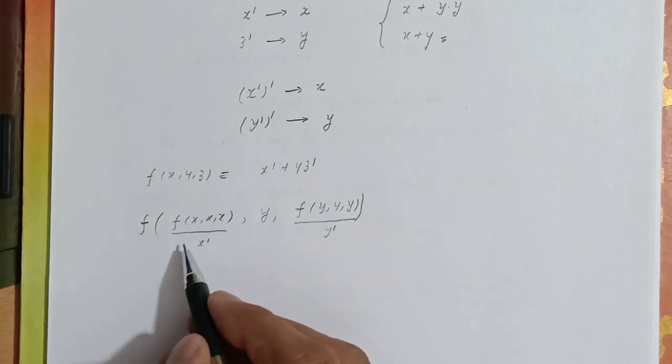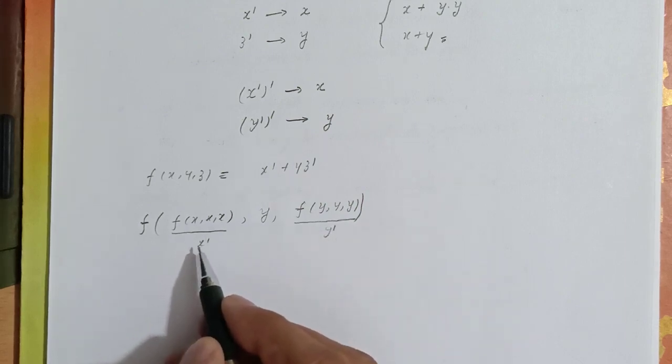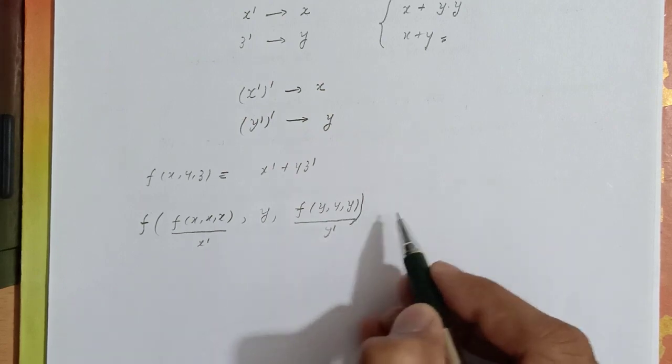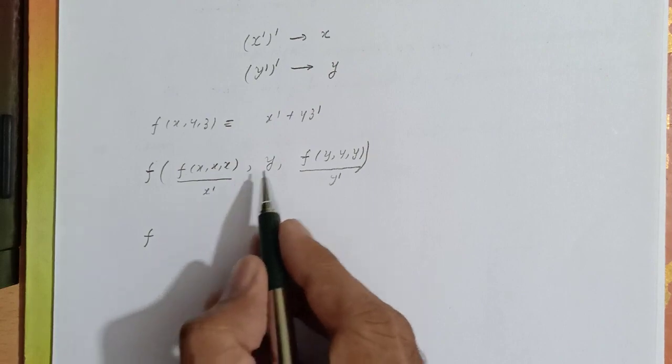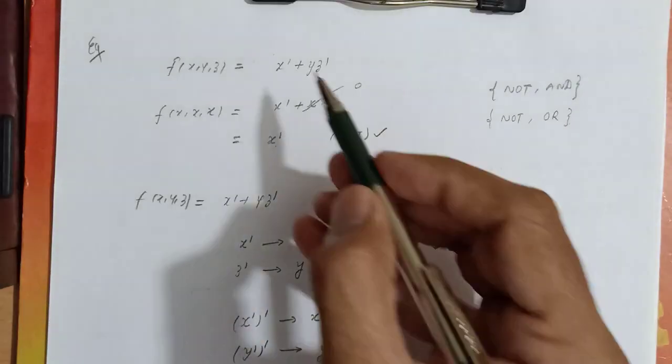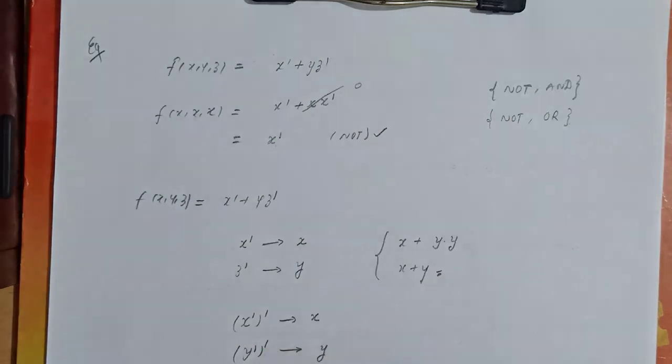Now we can proceed further like this. f of x y z is basically x dash plus y z dash.